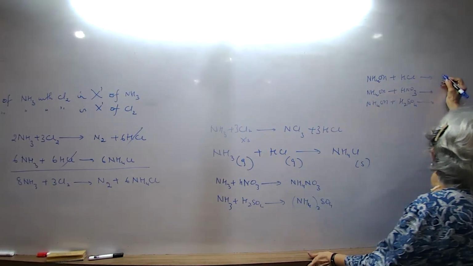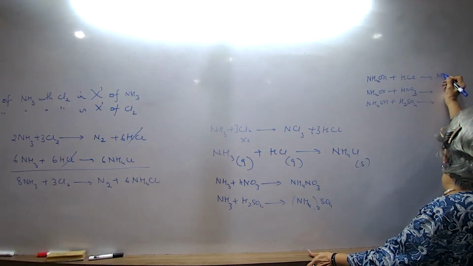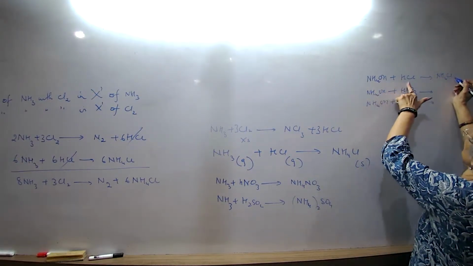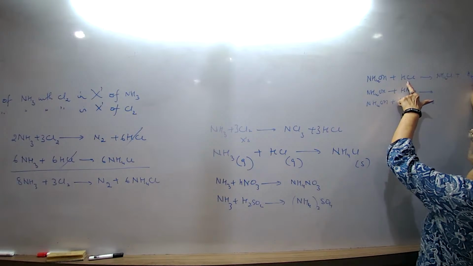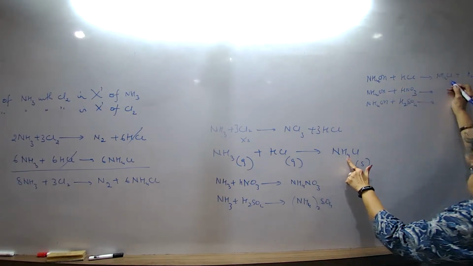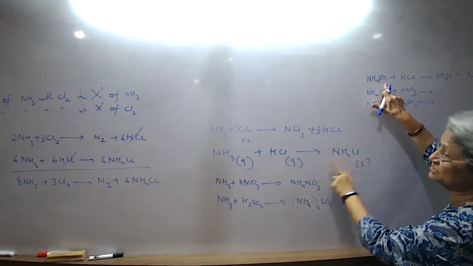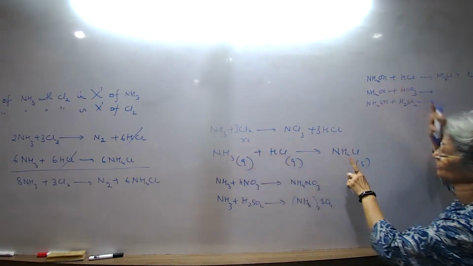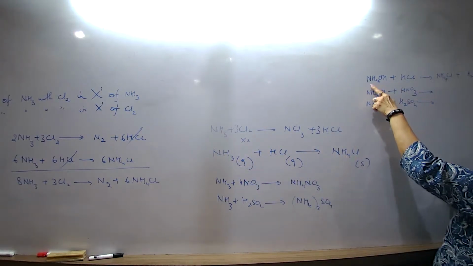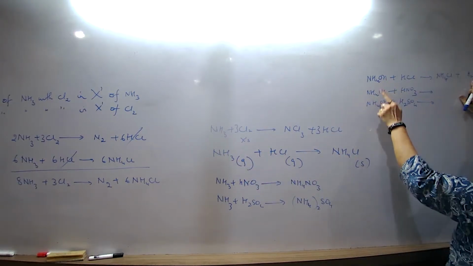With HCl you get ammonium chloride plus water. Earlier you got only ammonium chloride, because you used only ammonia. Here you have used water, so you're getting water.